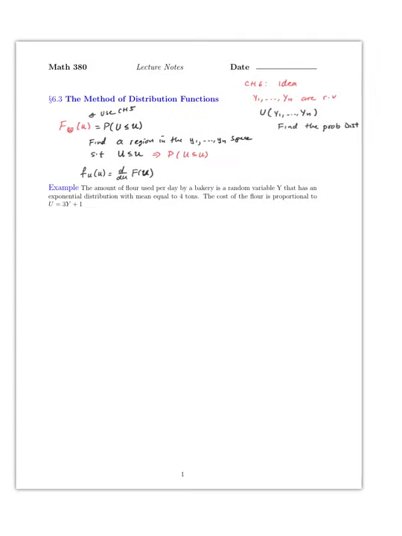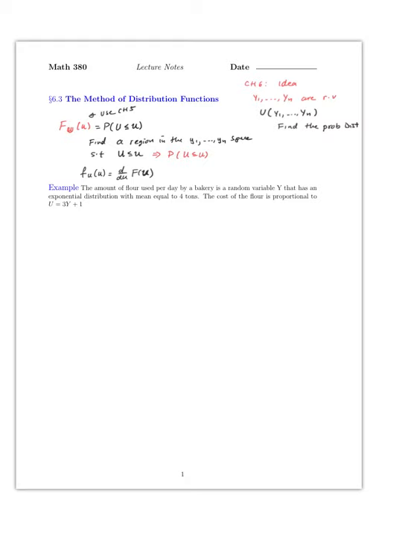All right, the example says the following. The amount of flour used per day by a bakery is a random variable Y that has an exponential distribution with mean equal to 4 tons. Now the cost of the flour is proportional to this new variable. Notice that this is in one variable only; we're going to do two variables in a little bit.